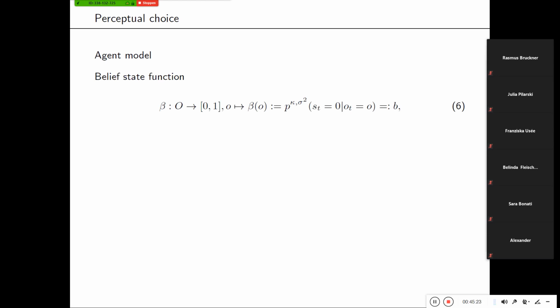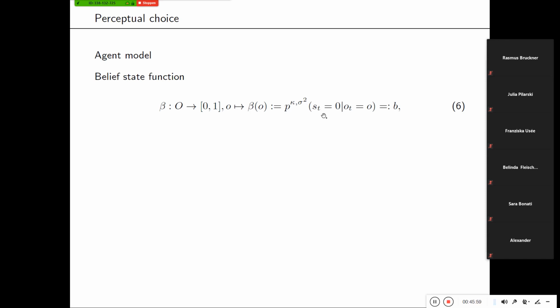The next thing, besides the structural components and the probability distributions, are the functions of the agent. The first important function is the belief state function, which takes an observation. On each trial, it is assumed that the agent, based on the external contrast, samples an observation and observes that, and then maps this observation into a probabilistic representation of the states.